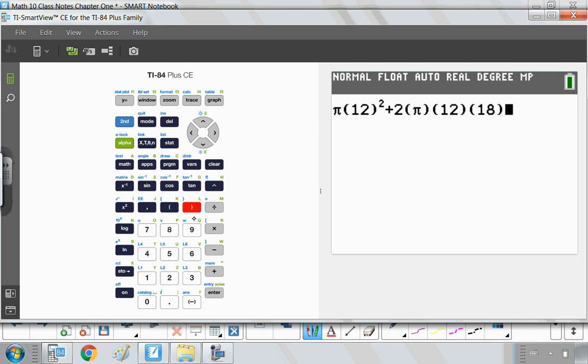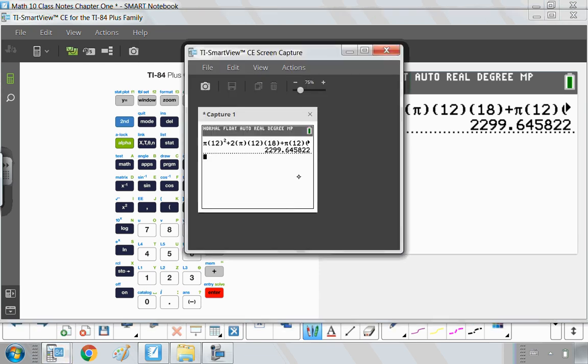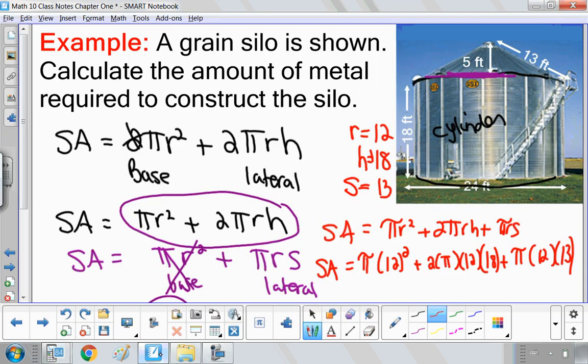So those brackets are for multiplication, plus pi times 12 times 13. Okay, all together in one keystroke, and there is my surface area. So let's copy that over to our notes, and then we'll talk about how we should round.